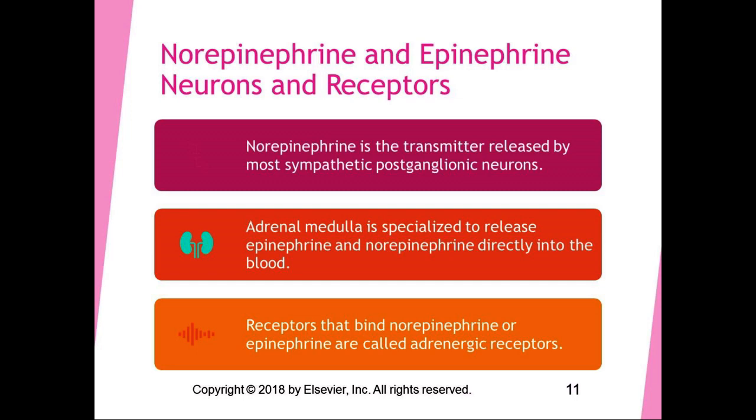So even though they're neurotransmitters, they function a lot of times as neuromodulators because they're not just in the synapse, they're every place else, and they affect more than one neuron. Receptors that bind norepinephrine or epinephrine are called adrenergic receptors. You don't really need to know that, but there you go. So sympathetic neurons tend to react all together. When the sympathetic system is activated, boom, they all get activated. And it makes sense. We have those neuromodulators secreted into the blood, everything's affected.